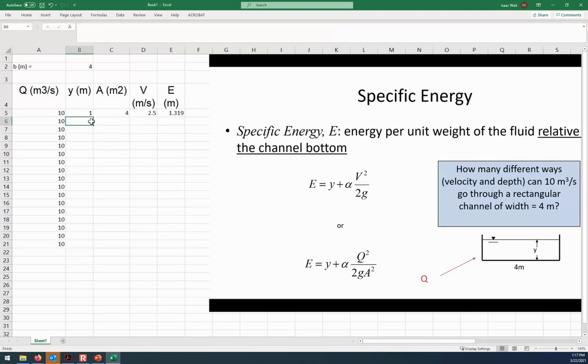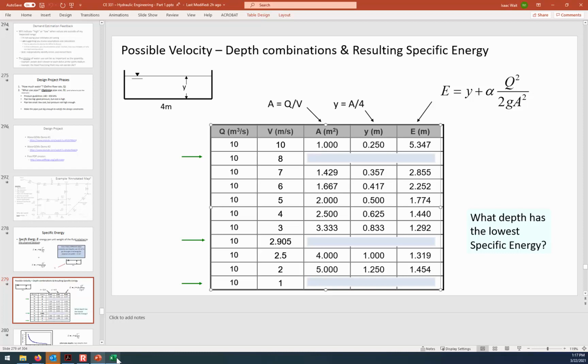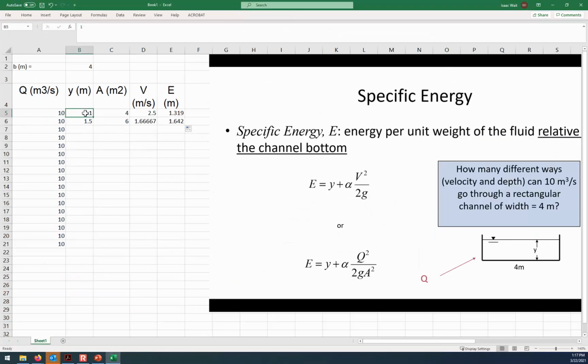Now, what if the depth is 1.5? All right, and I can just drag all the rest of this down for a depth of 1.5. And where did I start when I was doing this? I started with a depth of 0.25. So let's start even lower than 1: 0.25, 0.5, 0.75, 1, 1.25, 1.5.